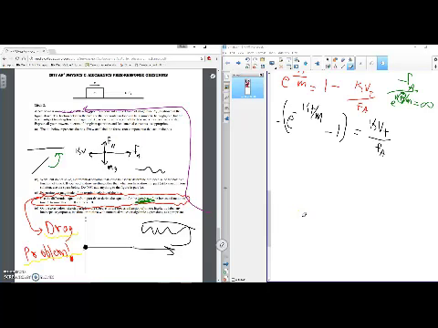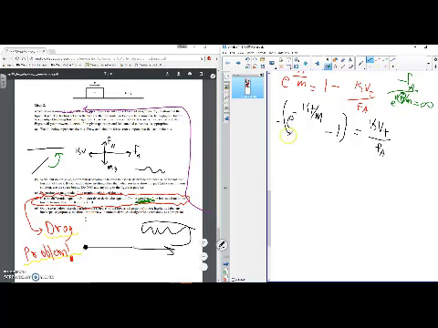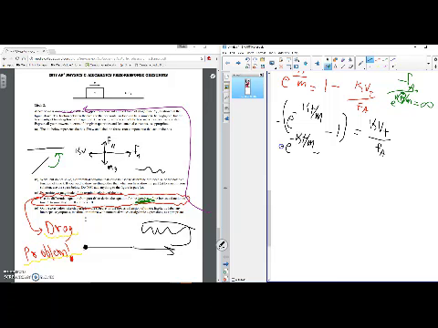And now what we're going to do is multiply both sides by f sub a. Let's evaluate the negatives. So we're going to have negative e to the negative kt over m plus 1 is equal to k vt over f sub a. We multiply that out on each side.